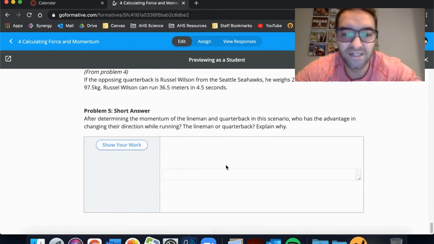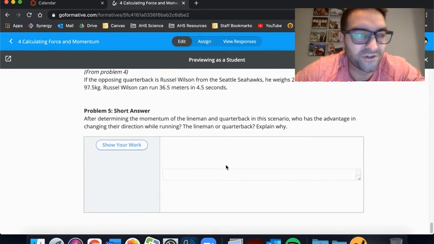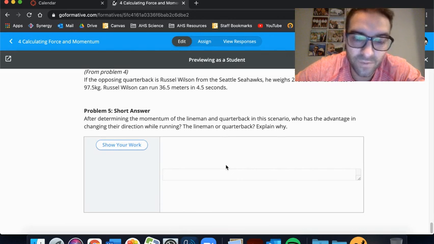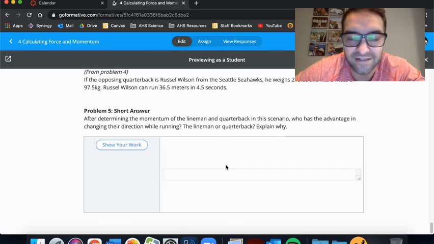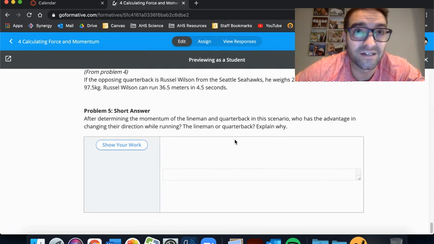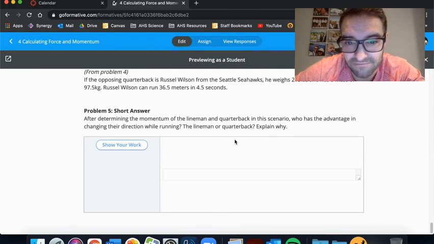So again, I'm asking you to think about, what does momentum mean? Okay, and if an object has more or less momentum, what does that mean exactly? And so in this situation, okay, what does that mean in terms of their ability to change direction?